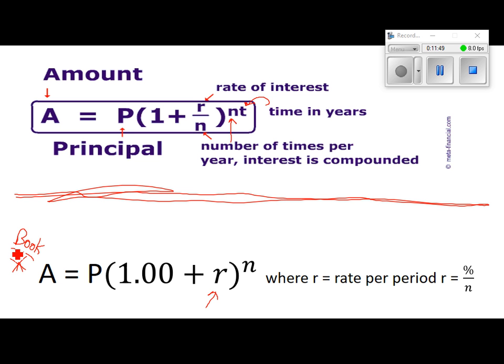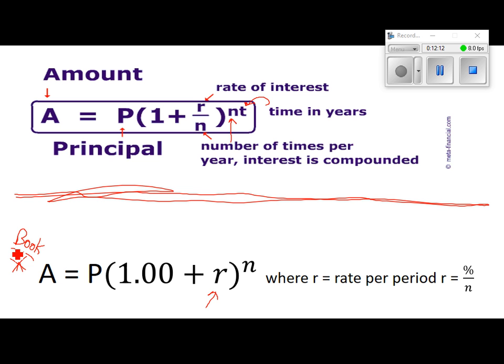All right, so what you're doing with this formula, this is your principal. That's how much money you put into the account. The 1 is just a one like $1. R is the rate of interest. N is the number of times per year that the interest gets added in. So if it's quarterly, it'd be 4 times.